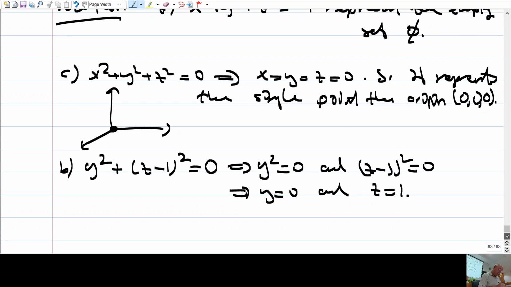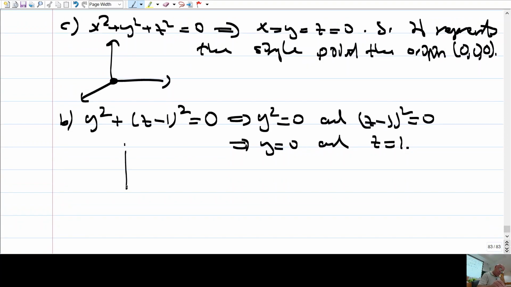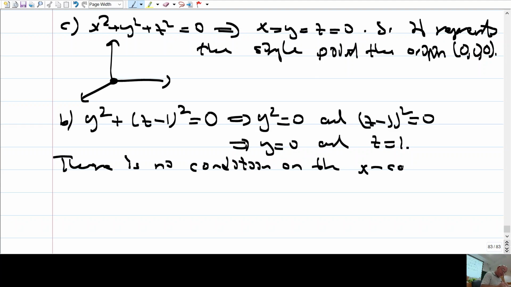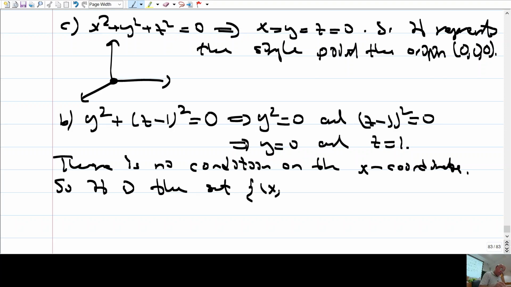X could be anything, right? So this means the following. There is no condition on the x coordinate. Y coordinate is 0. Z coordinate is 1.